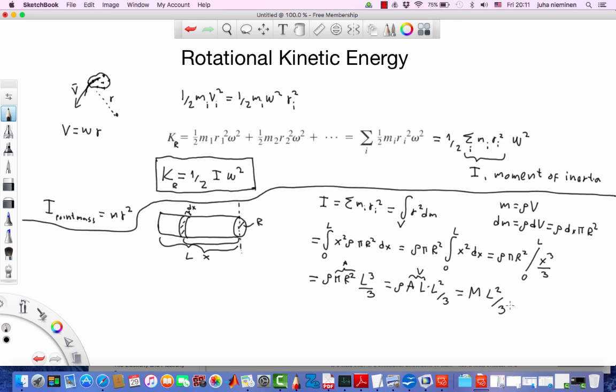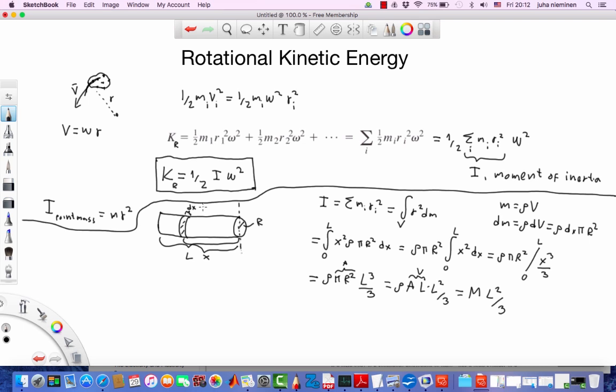First of all, we see that this is indeed smaller than the maximum possible value. So if all of the mass would have been at the other end, then the moment of inertia would just be m times L squared, but it is in fact only a third of that. And the moment of inertia depends, of course, on where we take this rotation axis to be. In this case, it was at the end.